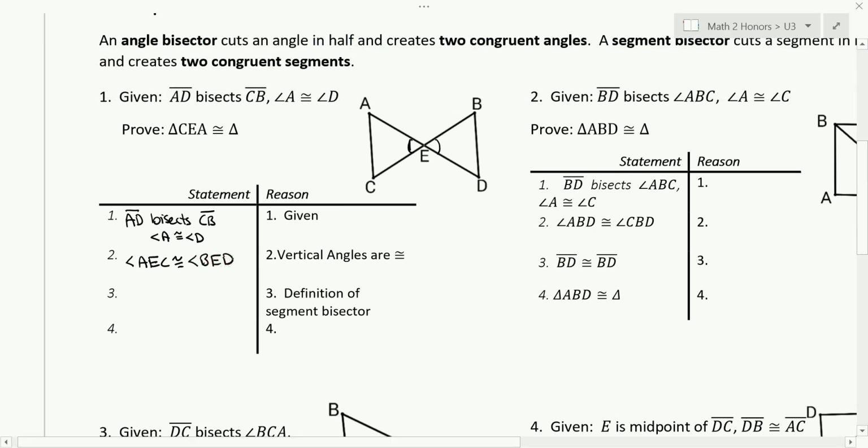Okay. Then they say definition of segment bisector. So here they're relying on step 1 because that's where it's stating we have a bisector. And so what's congruent to what based on a definition of a segment bisector? Say that again.